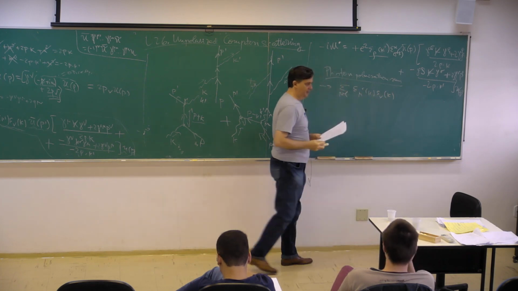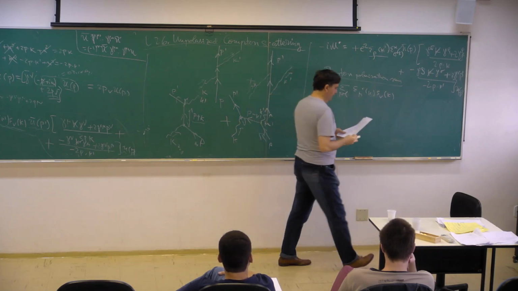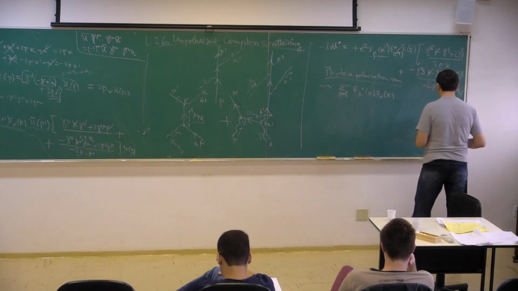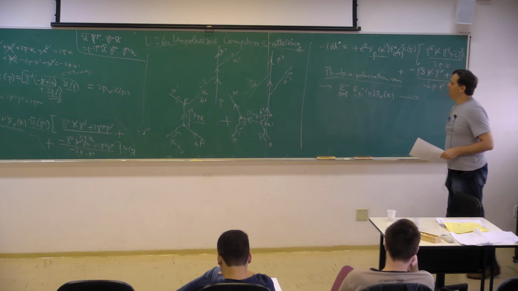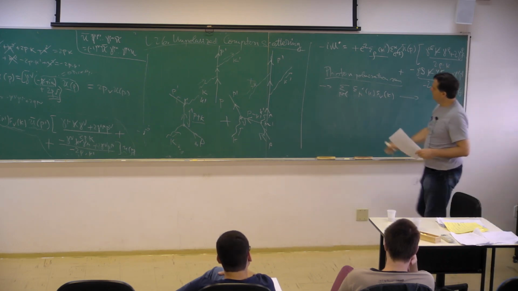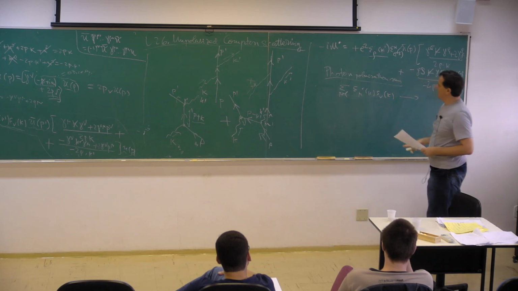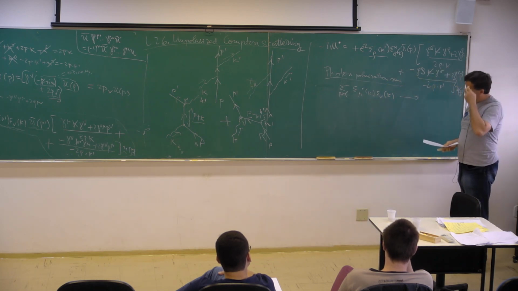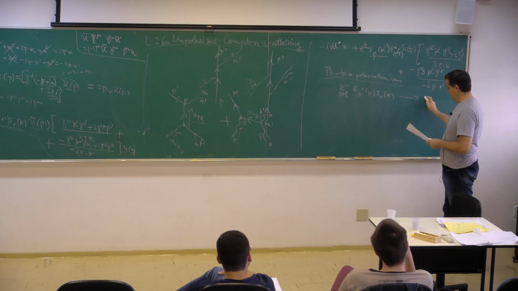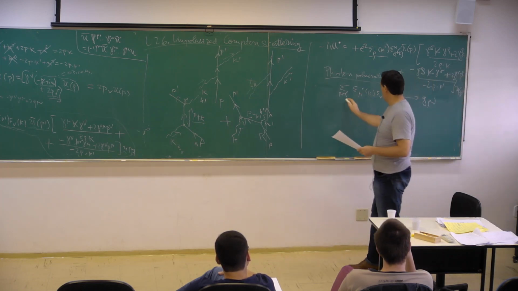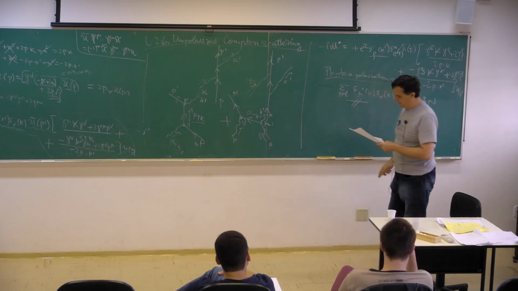We'll have things like this. And the rule that we want to prove is that the sum of polarizations is equivalent to just replacing this with g mu nu. So let's see that.